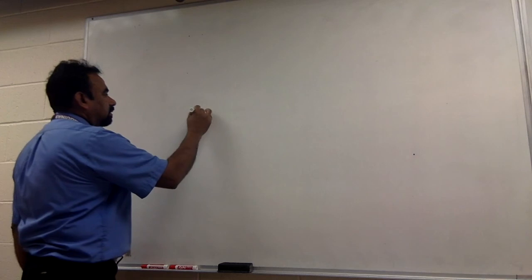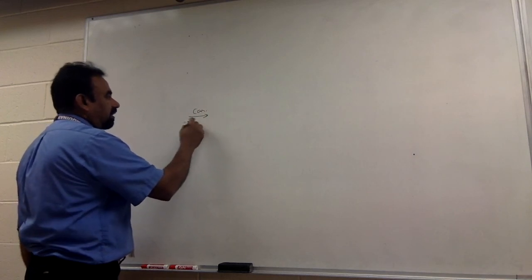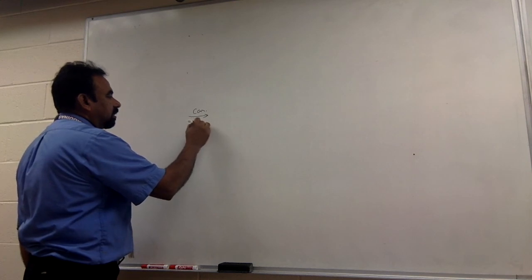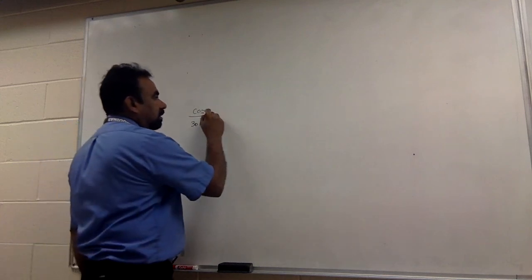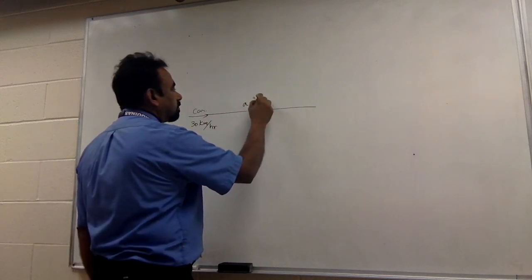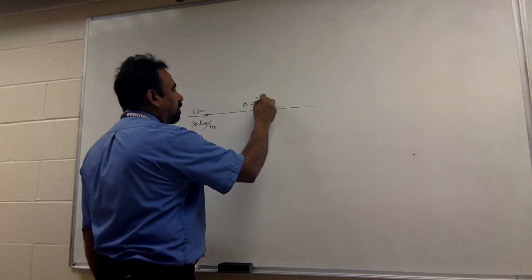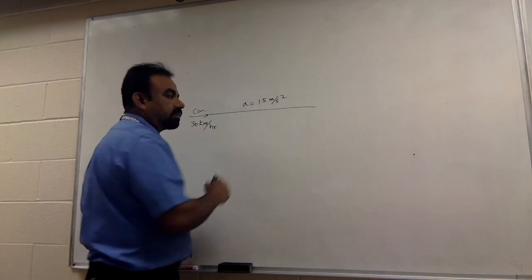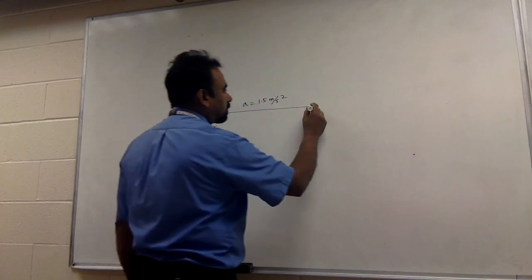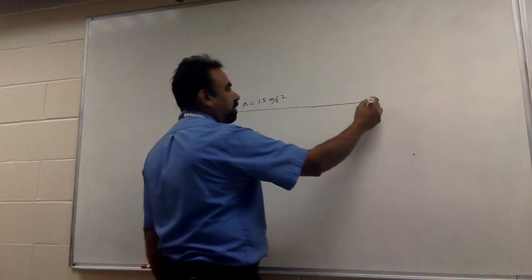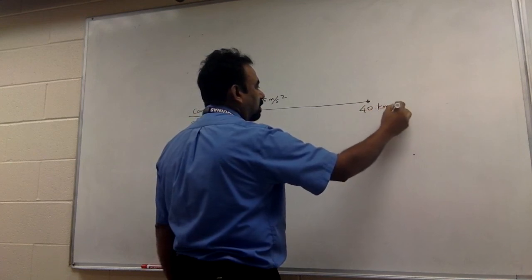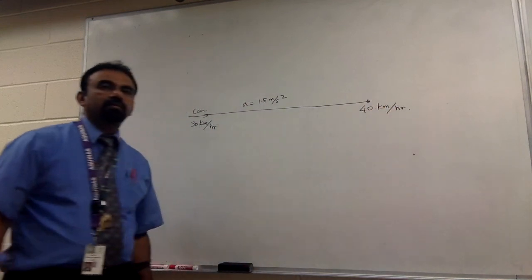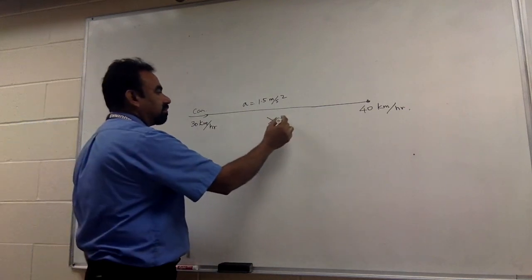A car traveling at 30 kilometers per hour accelerates at 1.5 meters per second squared to a speed of 40 kilometers per hour.